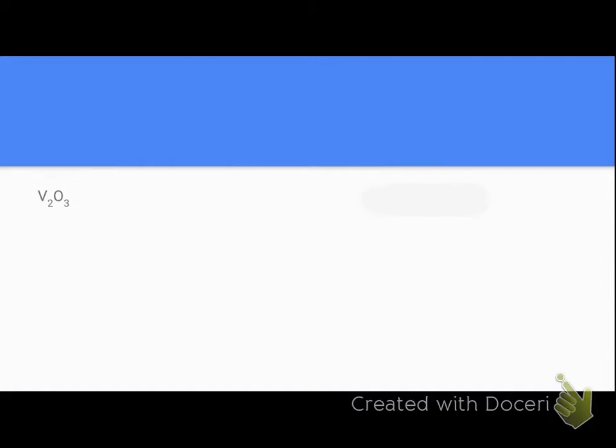Alright, so now we're going to go the opposite direction. This is the way that can be a little bit more tricky, and this is when you're going to have to remember, does it need that Roman numeral or not, when we start to mix them all together. So, what we can do to see what those charges are is we can uncross our charges.